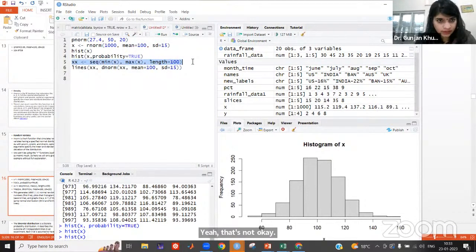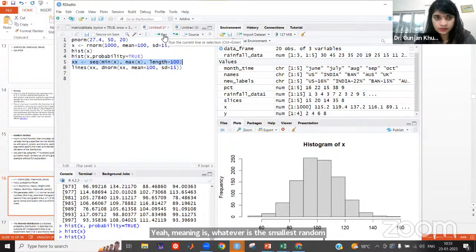Now just run this command. Sequence. Meaning, whatever is the smallest random number and the maximum random number, it's picking 100 random numbers from that. So xx is that sequence.